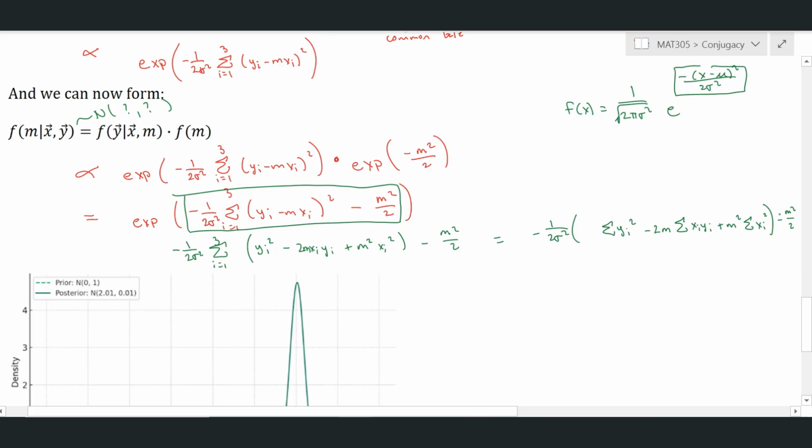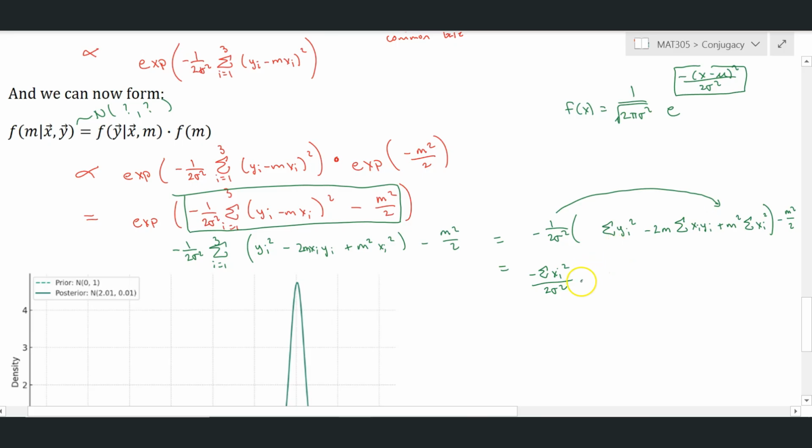So you can see already how involved this gets, and everything's perfectly normally distributed. There are just lots of details that need to be worked out. Now what we're interested in is the parameter m squared, recall. So if I rearrange this and distribute, I'm going to write this as the sum of xi squared, negative over 2 sigma squared, multiplied by m squared. That's me distributing into this last term.